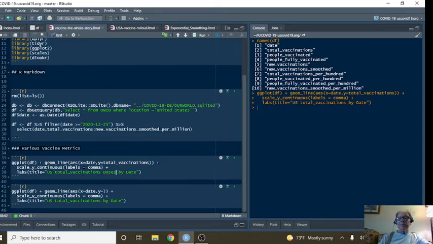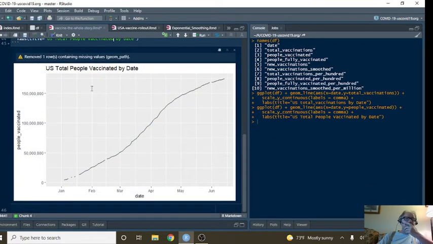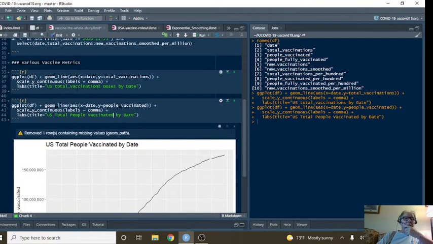Okay. Now let's look at people vaccinated. Okay. So this is total doses.